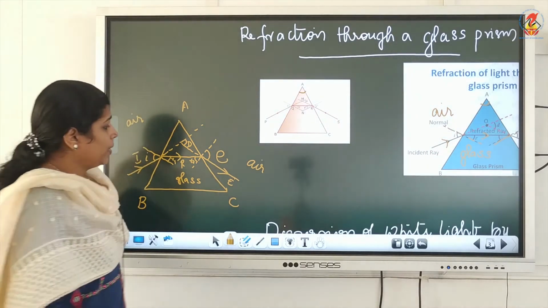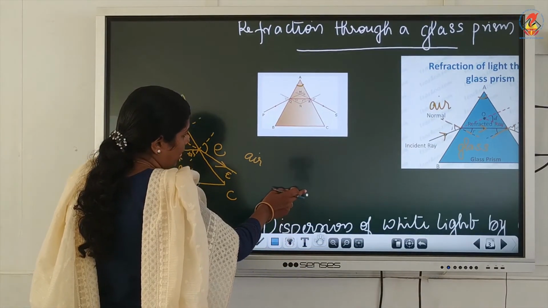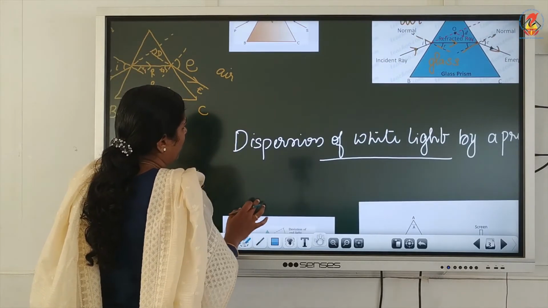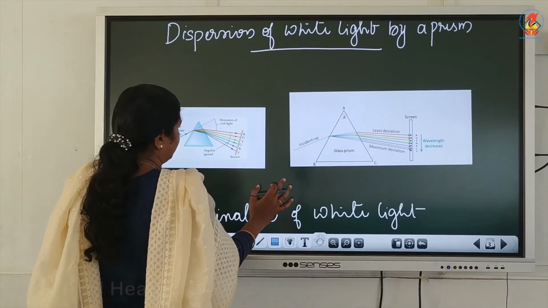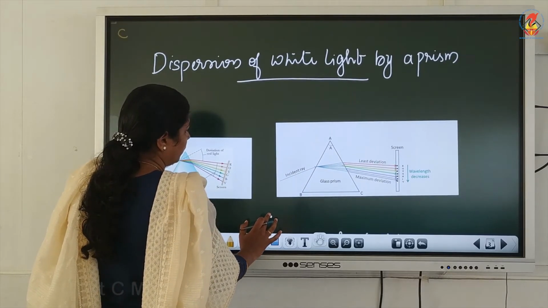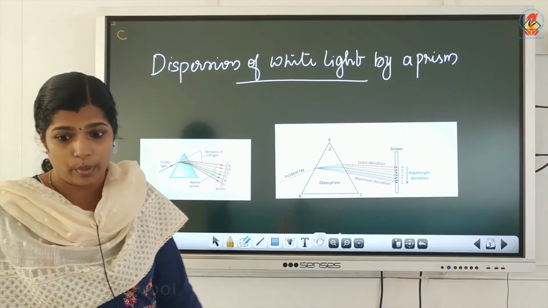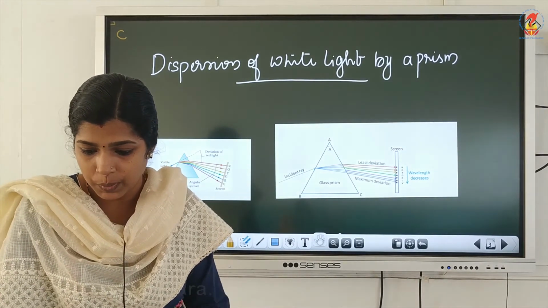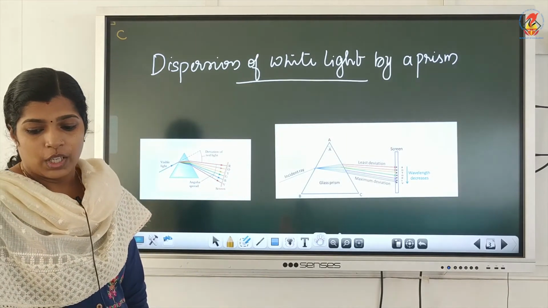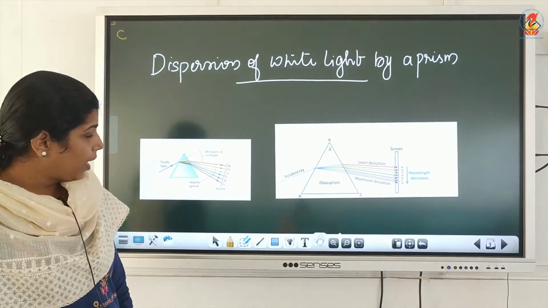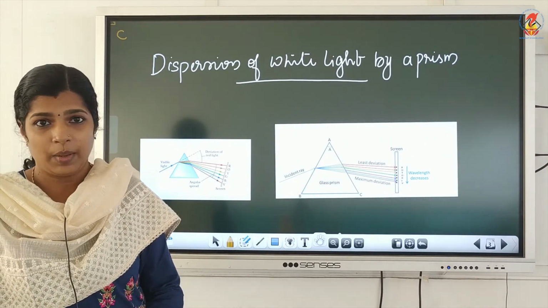Now, we will see what will happen when sunlight passes through a glass prism.